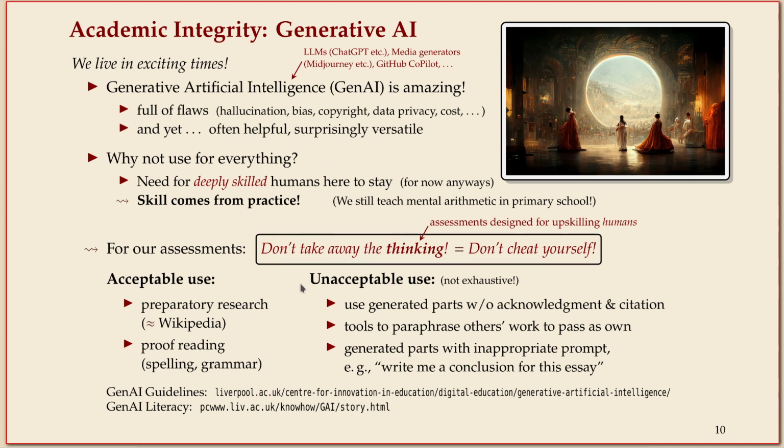With this mindset, the university has set out a separate policy just on generative AI, where they try to explain in what sense you are allowed to use it and what is unacceptable. It's relatively narrow, but it's explicitly allowed that you use tools, but you're only allowed to use it to prepare something, to do background research, say.